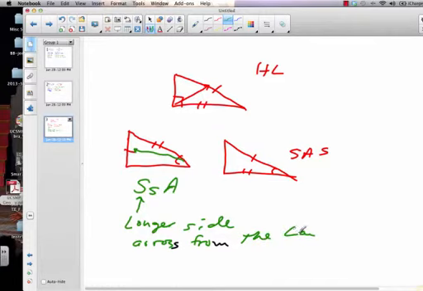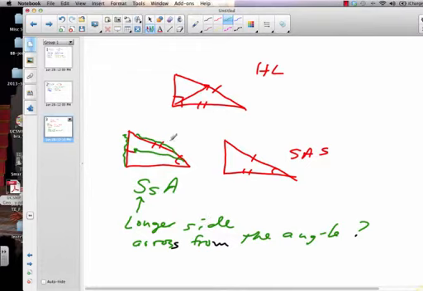Okay, and in this case, is this side right here longer than the other side that's marked? And it's not. So this would be one that you'd want to explain why big side, little side, angle does not apply to that triangle, because it's not the longer side that's across from the angle.